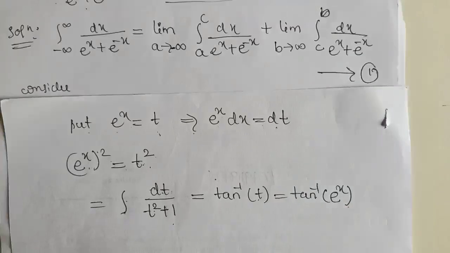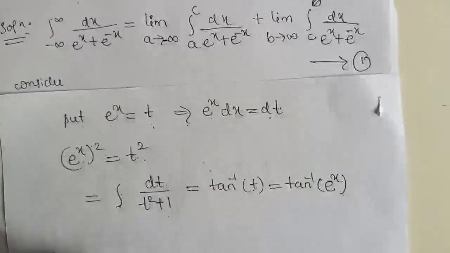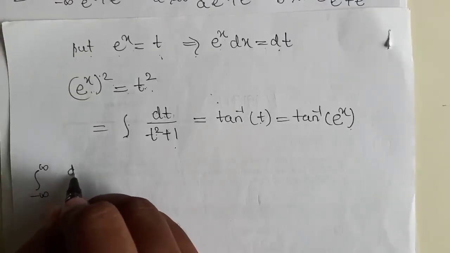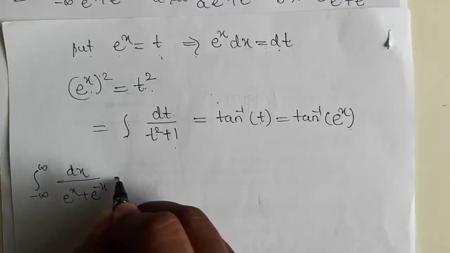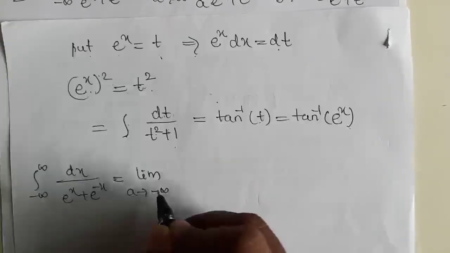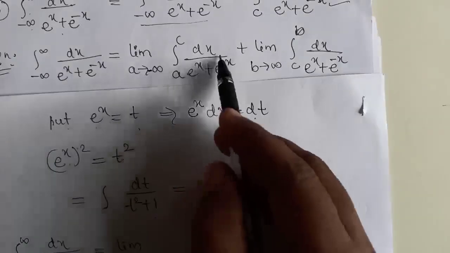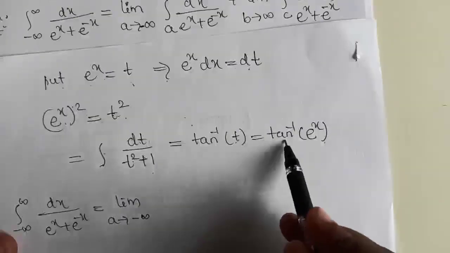Now equation 1 becomes, for the integration from minus infinity to plus infinity of dx divided by e raised to x plus e raised to minus x, limit a tends to minus infinity. In equation 1 we have this integral, and its value is tan inverse of e raised to x.